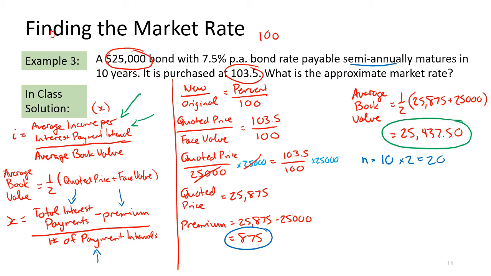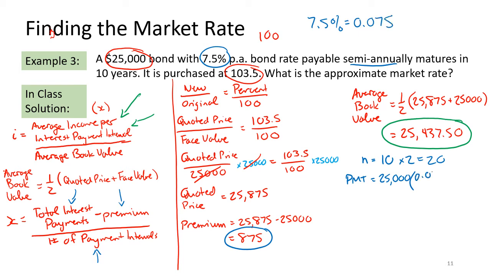And the total of all of our interest payments can also be calculated. So our interest payment is equal to 25,000 multiplied by our bond rate, 7.5%, which is equal to 0.075. You convert to a decimal.